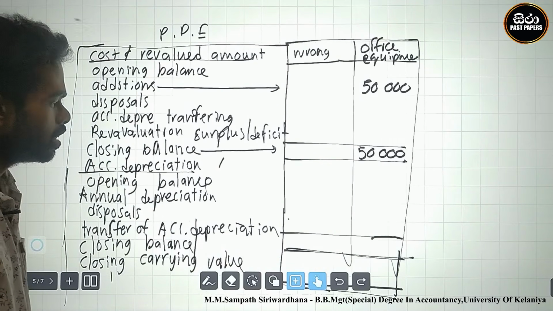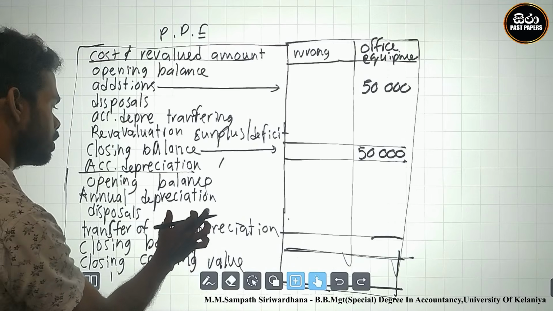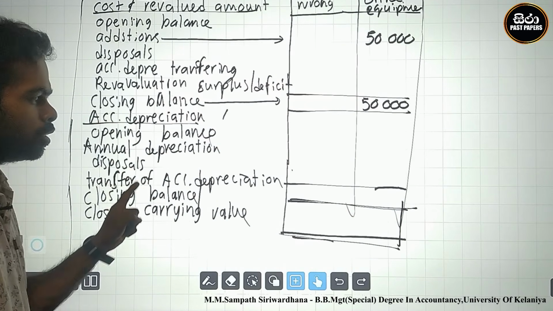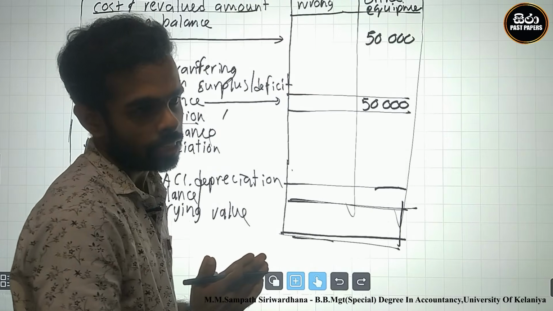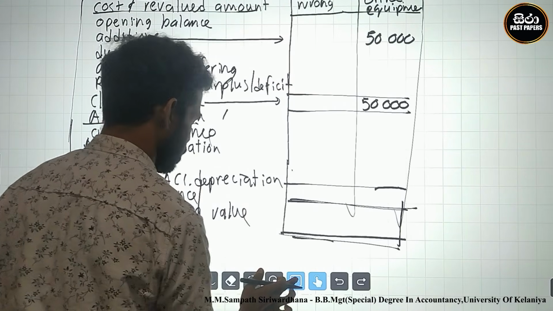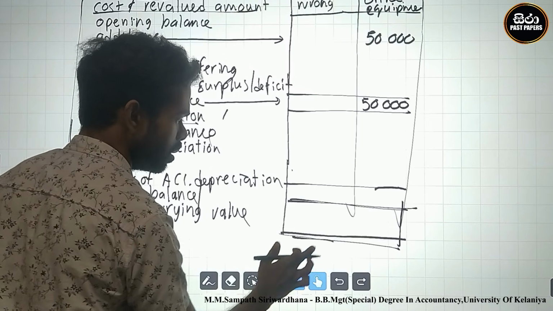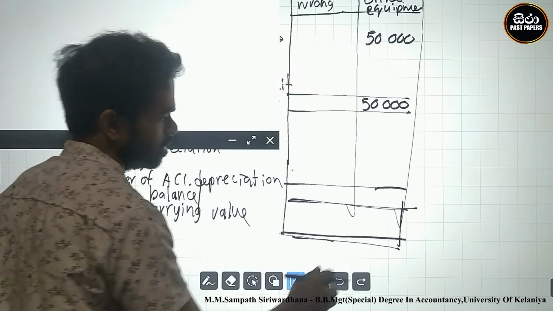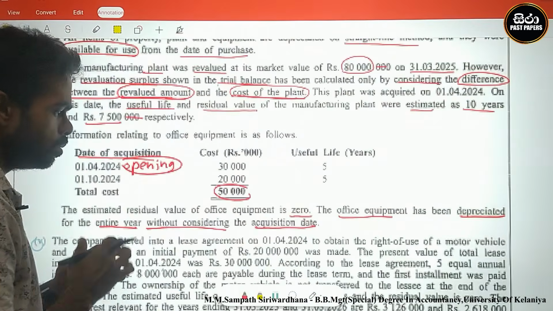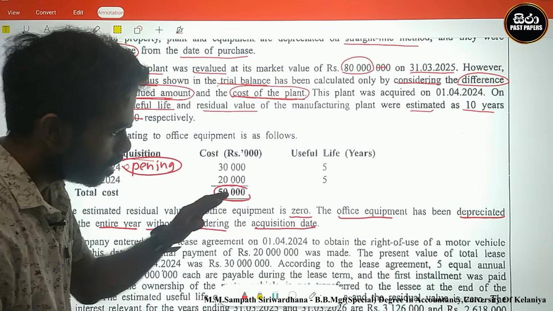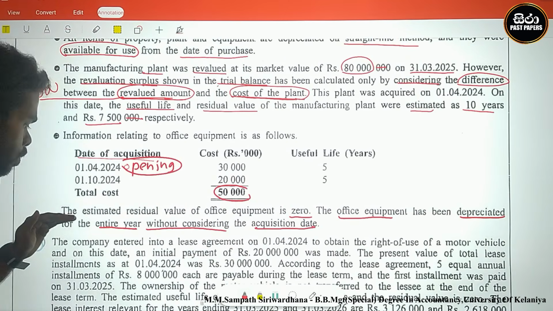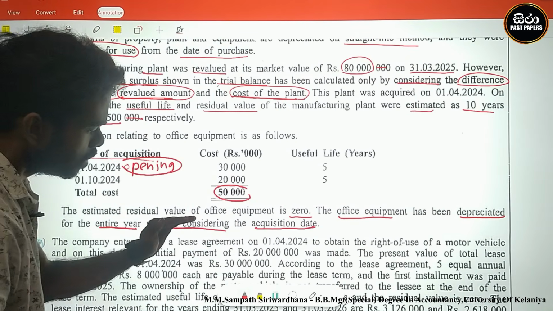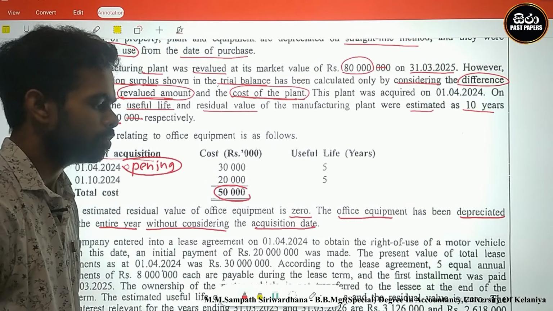Okay, after that we must identify the accumulated depreciation column. At that time they already calculated the accumulated or annual depreciation. They said that the office equipment has been depreciated for the entire year without considering the acquisition date.